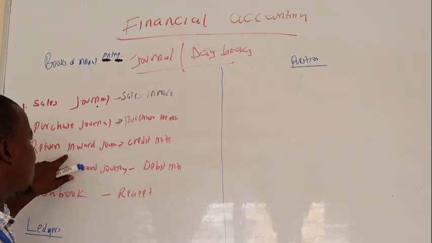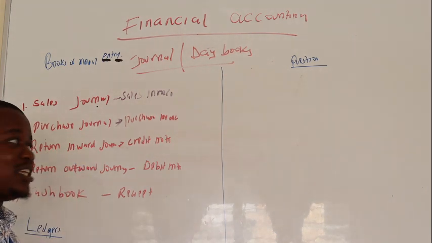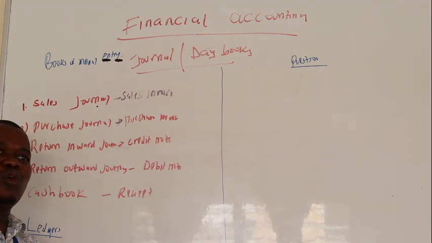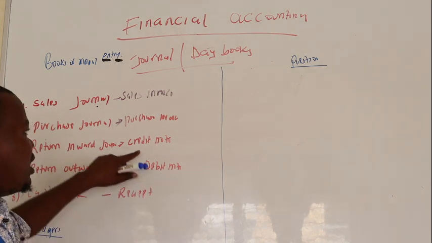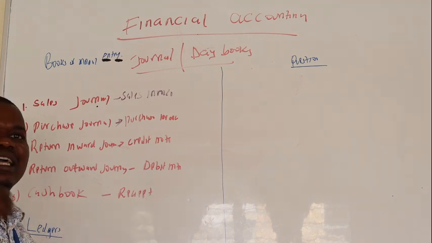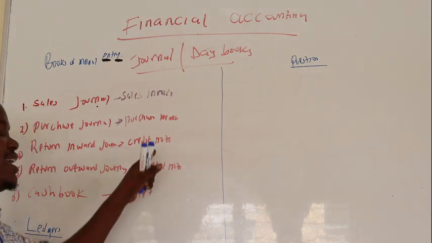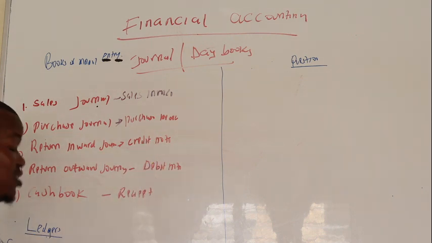We have what we call the return inward journal. This is a book which records all the returns from customers, so it records credit notes.